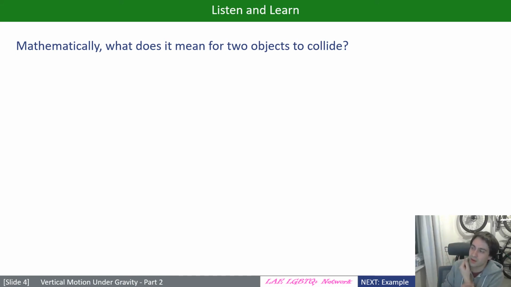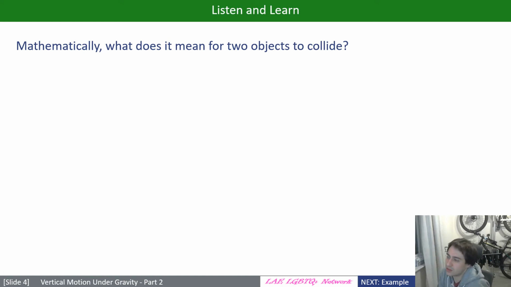So just to be clear what I'm asking, if I say, what's the definition of achieving the maximum height? In terms of Suvat equations, you could say it's when the velocity is 0, right? I suppose that's not technically the definition, but a result of the definition. In this case, with the collision, we want to be a bit more precise, or we'll be closer to the actual definition. So what does it mean for two objects to collide?